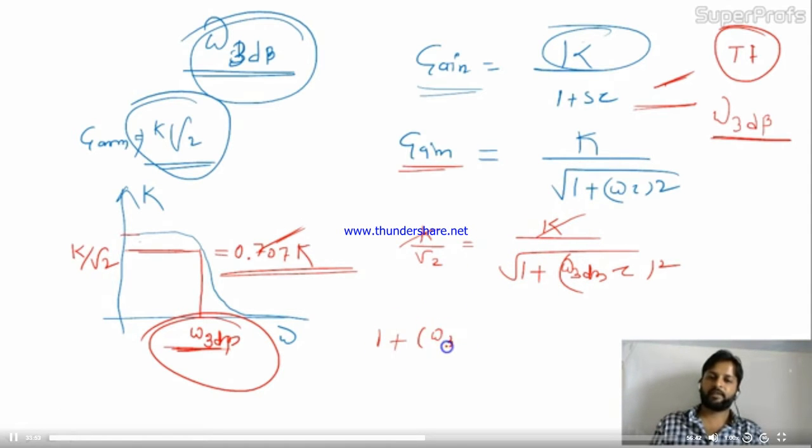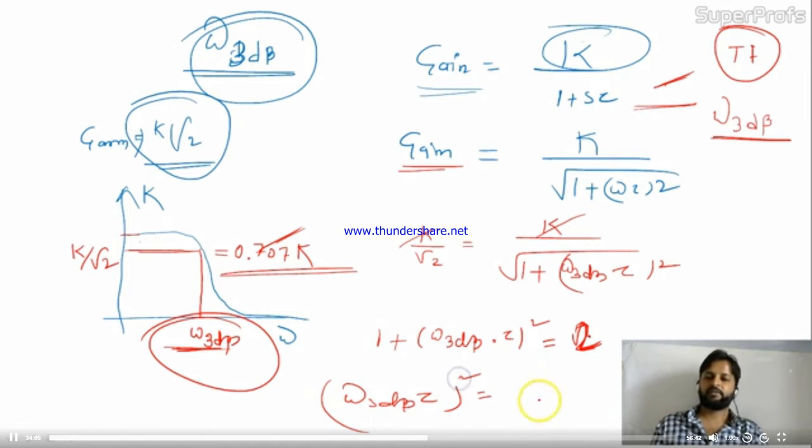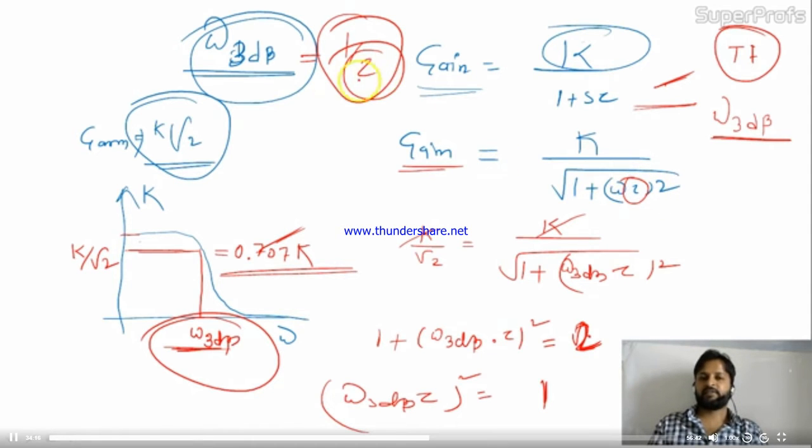You will get omega 3 dB into tau square equal to root 2, and it should become 2. Is it okay? Omega 3 dB tau square equal to 1. So finally we are getting omega 3 dB is equal to 1 by tau. Whatever time constant is there, just take the inverse of it and that is the omega 3 dB.